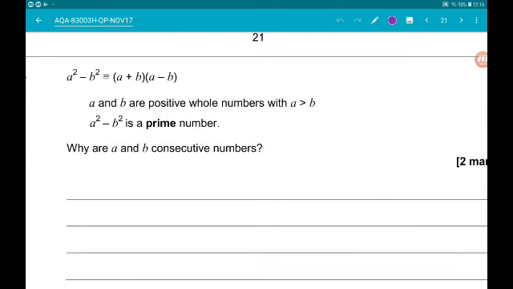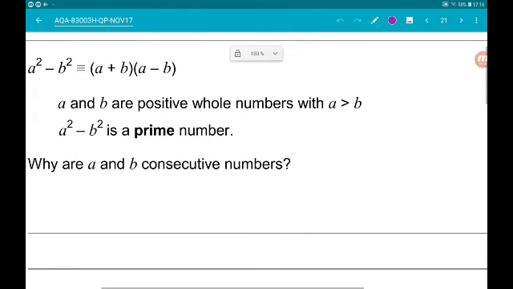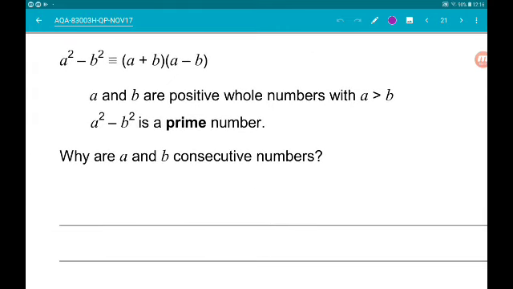Okay, 26, a very strange one here. So we're given the difference of two squares identity. A squared minus b squared is identical to a plus b times a minus b. We are told a and b are positive whole numbers with a greater than b.